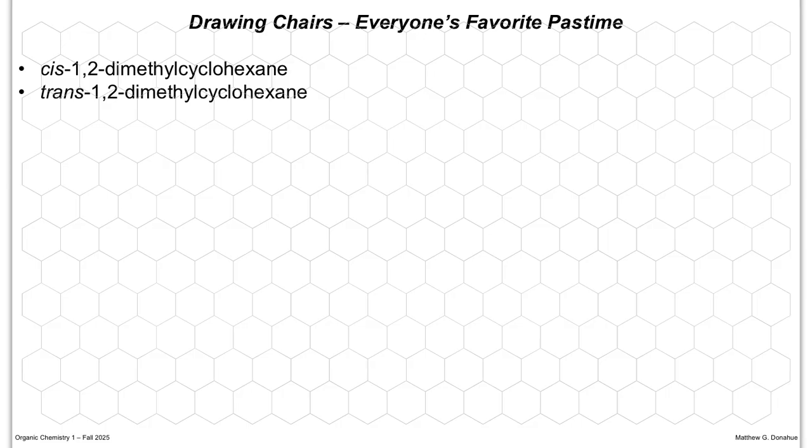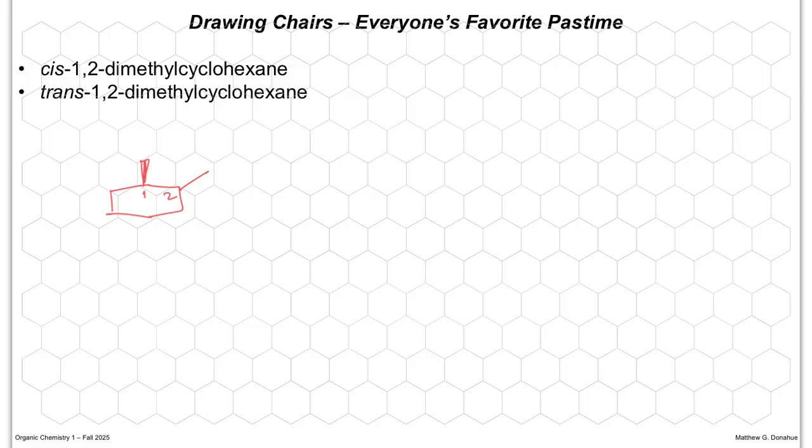So let's do some examples here. So we'll start with the cis 1,2-dimethylcyclohexane. So there it is, flat. I've shown the positional relationship 1,2. Now let me show cis.